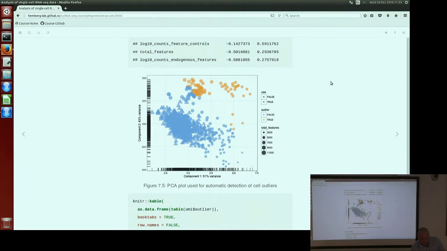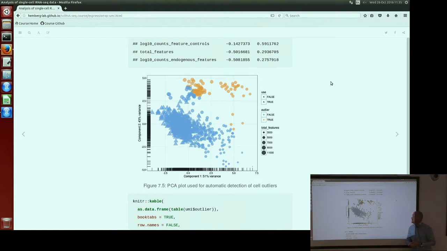this is the kind of plot that we see. And because the features are selected in a way that they take into account most of the information from your data set, and also the controls are included in these features, you can actually see again this batch, which was an outlier.